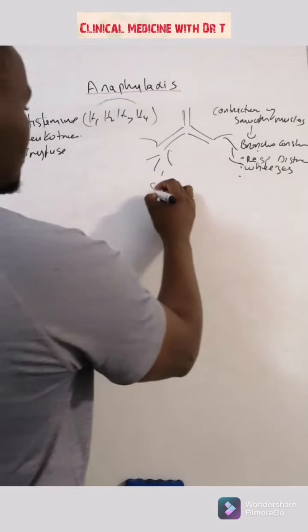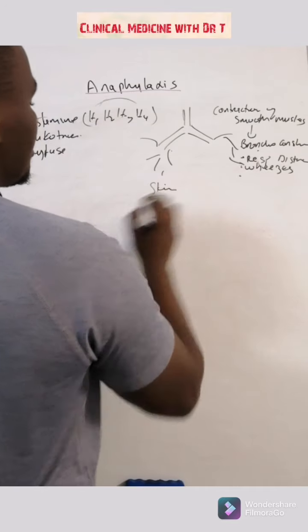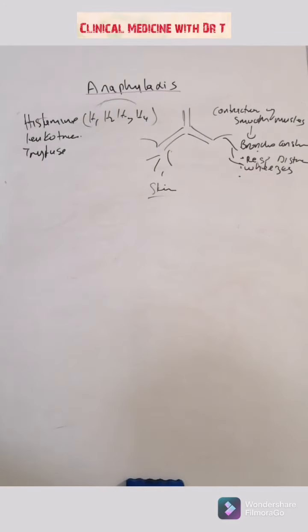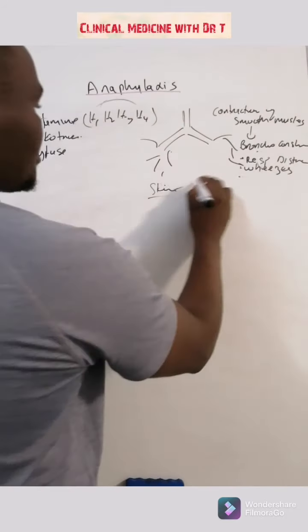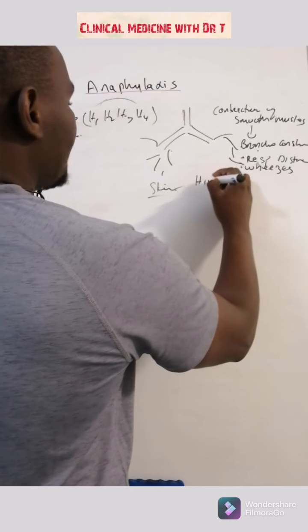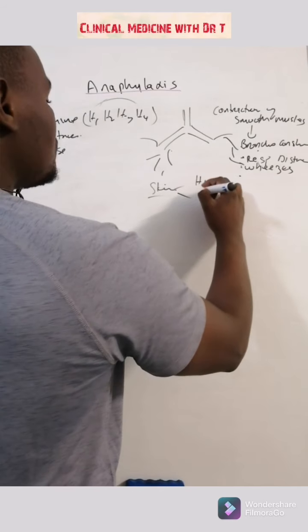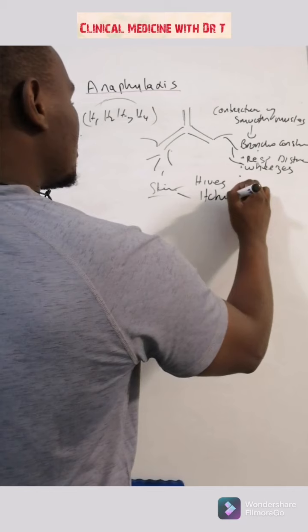That same histamine goes to the skin. The mast cells that are in the skin, when they release their histamine, it causes cutaneous manifestations such as hives. There will be itching.